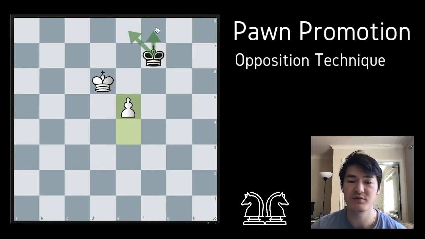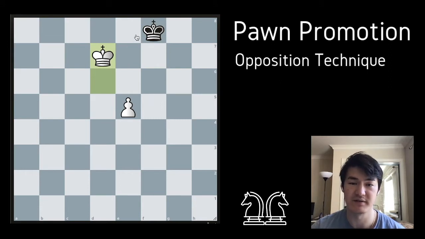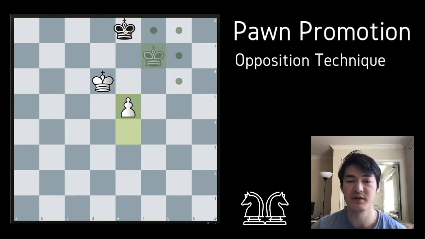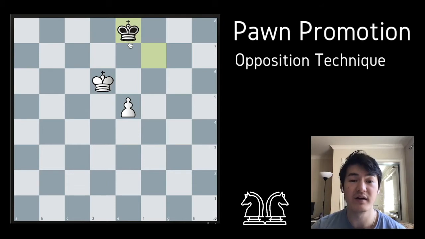Now, again, there are two good options for the black king, e8 being the best one. If they go to f8, you can move your king to d7. And now we have this golden position, and we can try to push our pawn to promote. Now, if the king actually goes to e8, let me calculate.